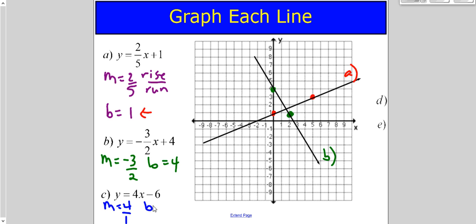And then in this case, my y-intercept is at -6. So I'm going to start at -6. There is my dot. And then this tells me I want to go up 4 from there and then over 1. Ooh, this is a pretty steep line. And from there, I can draw a line through both points.